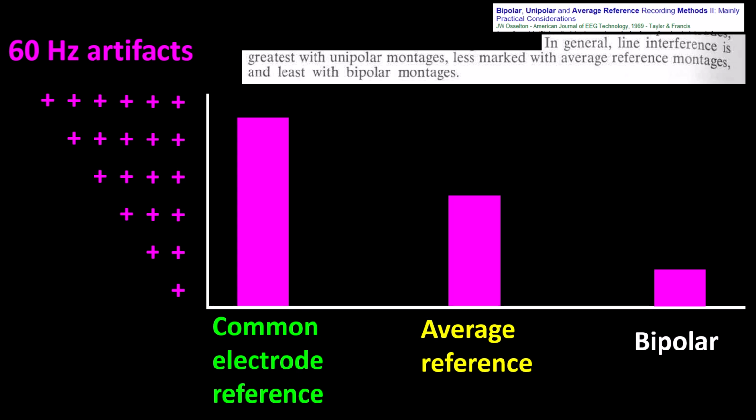As you can see, in the old literature they were considered more intrusive when common electrode reference montage was used, less intrusive with average, and least intrusive using bipolar montage. The explanation for this was that the inter-electrode distance required to create a montage using common electrode reference was longer than the distance required to make a bipolar montage.